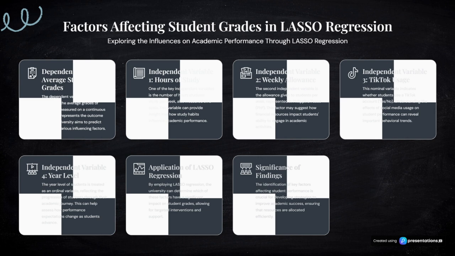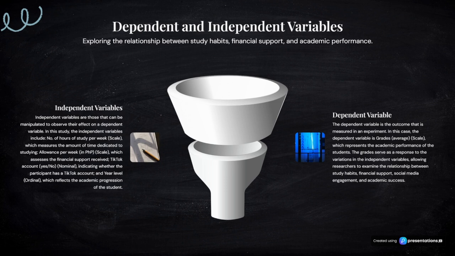This is the example: factors affecting student grades and LASSO regression. These are the dependent and independent variables. Independent variables are those that can be manipulated to observe their effect on a dependent variable.